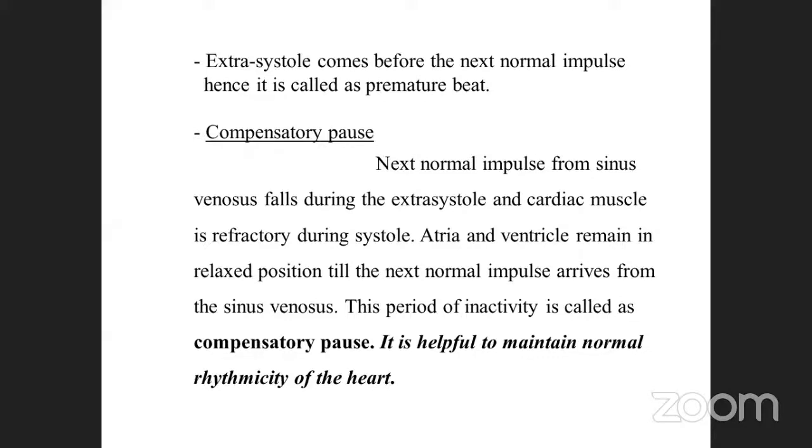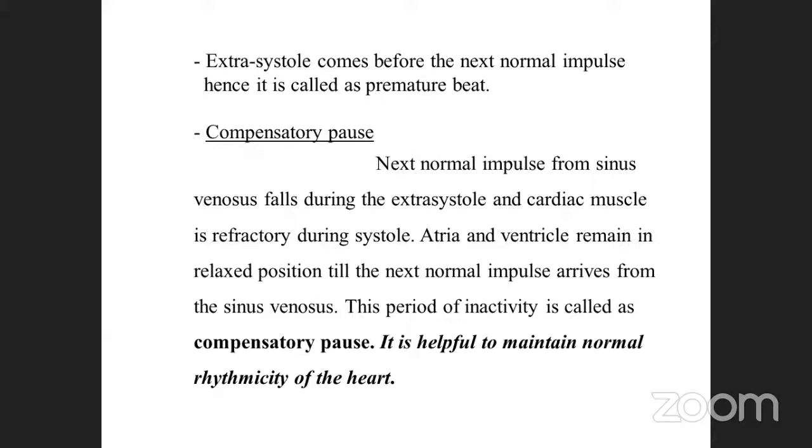The next normal impulse from the sinus venosus is paused during the extrasystole, and the cardiac muscle is refractory during systole, so the cardiac muscle does not give a response. Atria and ventricle remain in a relaxed position, waiting till the next normal impulse arises from the sinus venosus in case of the frog.